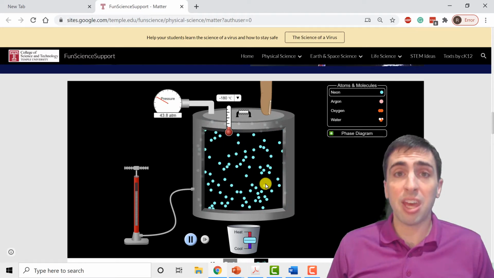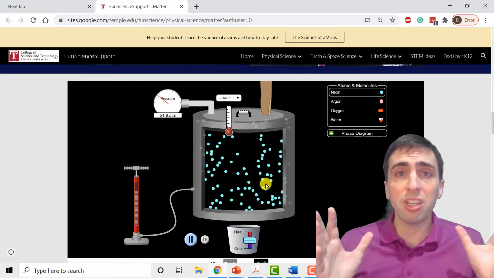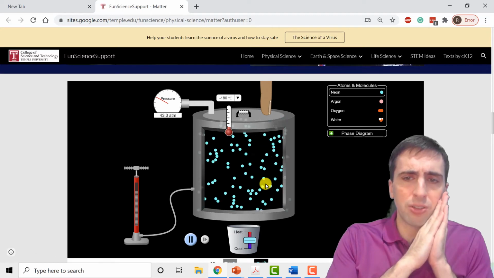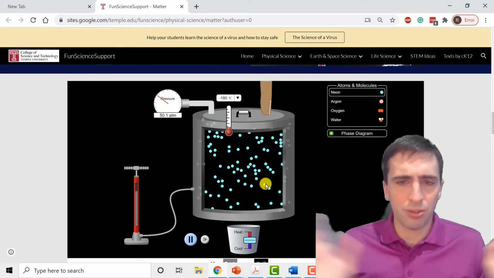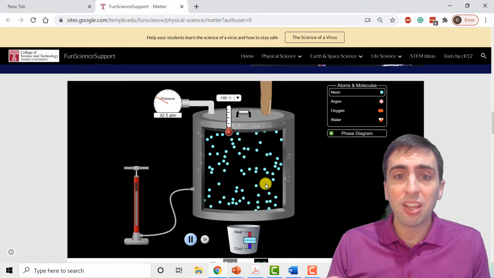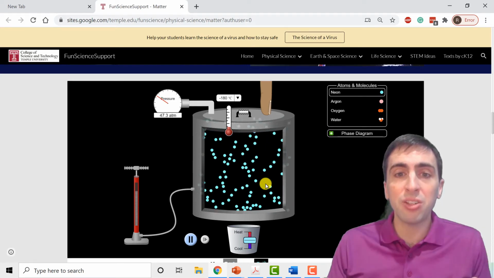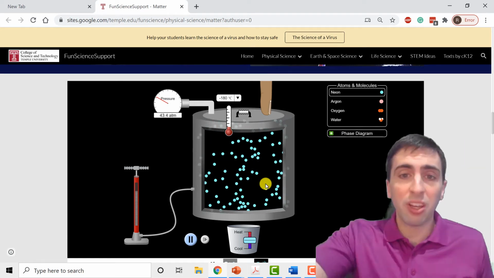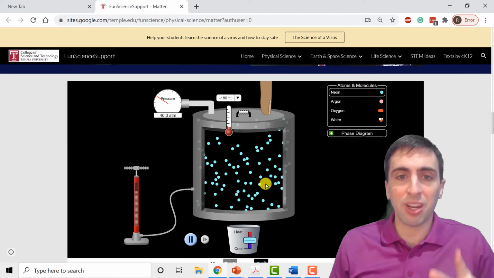Do you think they have more energy or less energy? Are they sleepy little particles? No. So if we add more heat, we add more energy, the particles start doing what? Moving around, going everywhere.